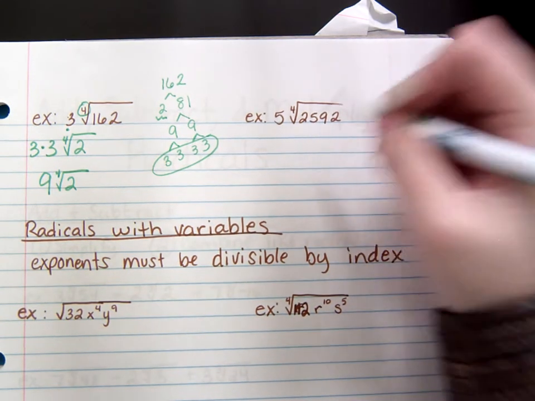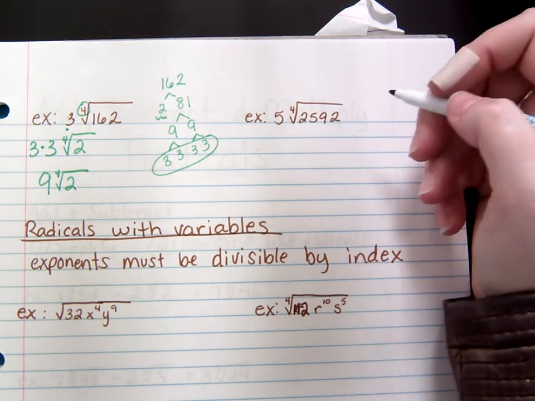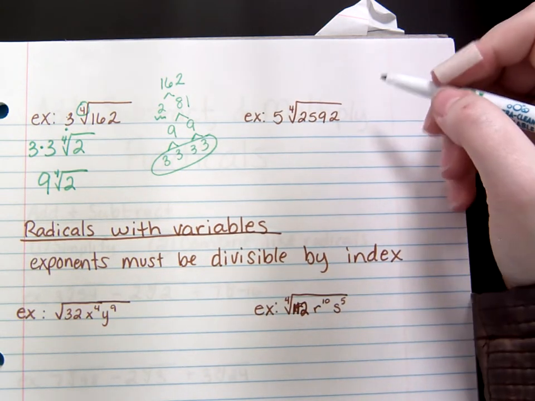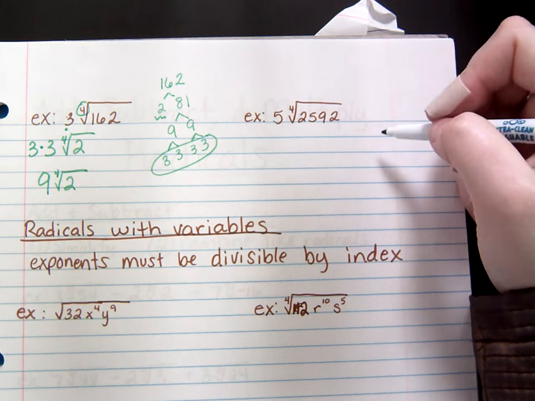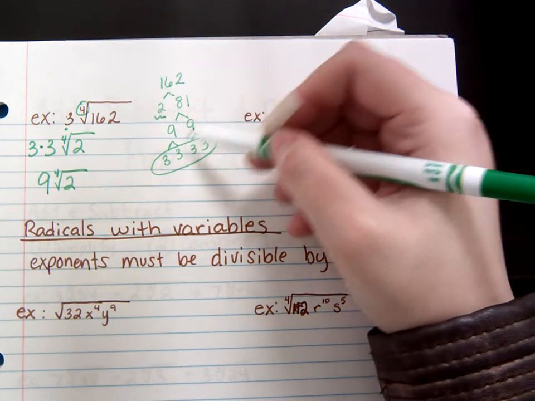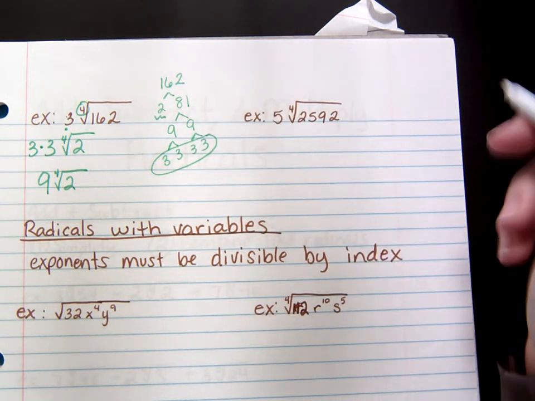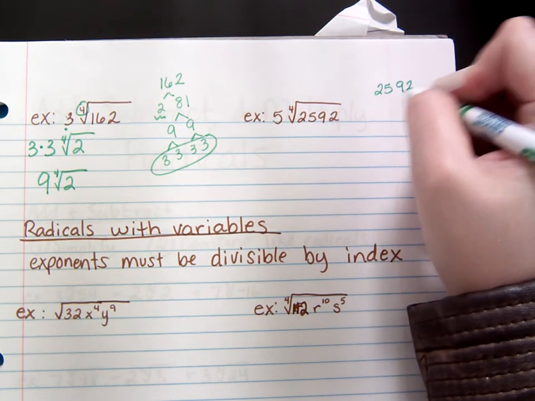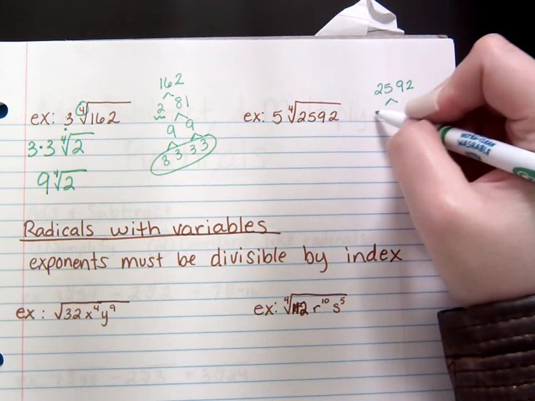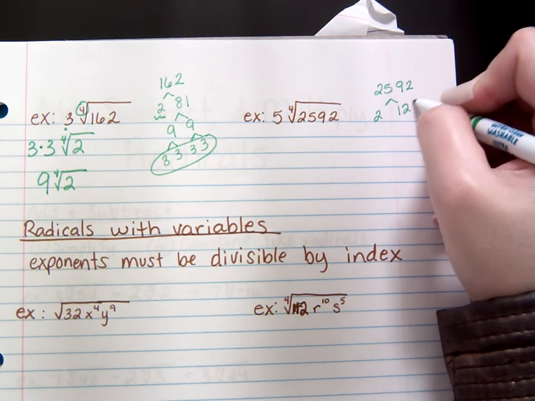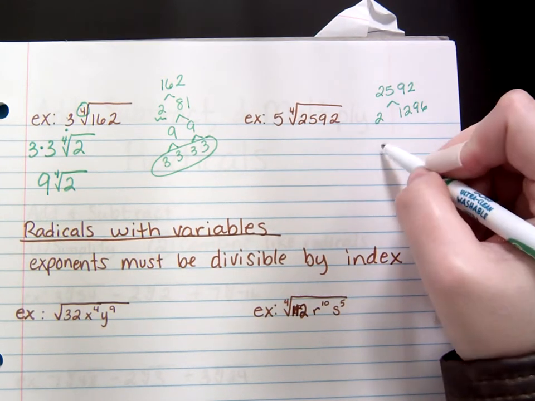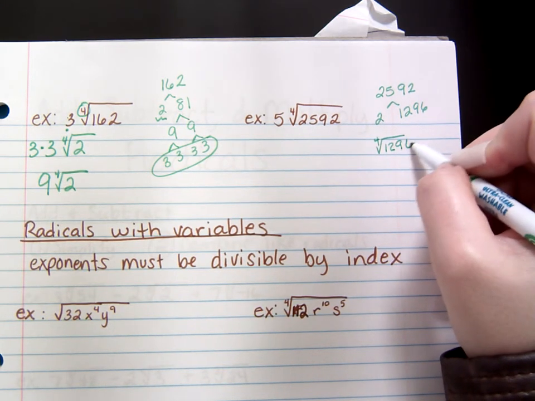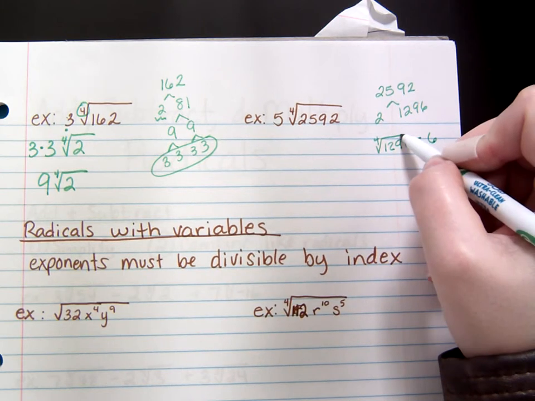Now, if we have a really big number like this, it's a good idea to have an idea of what some of your smaller roots are, so you can avoid having a factor tree that takes up half your page. Like for instance here. If I take this and break it down to simplify it, this is 2 times 1296, but the 4th root of 1296 is 6.